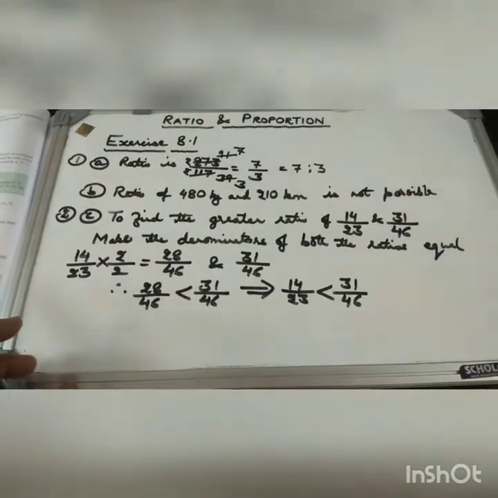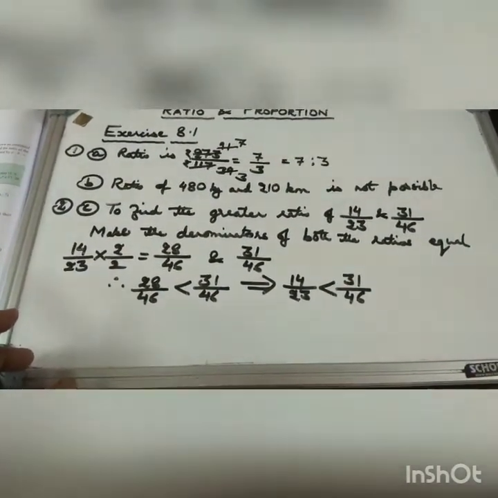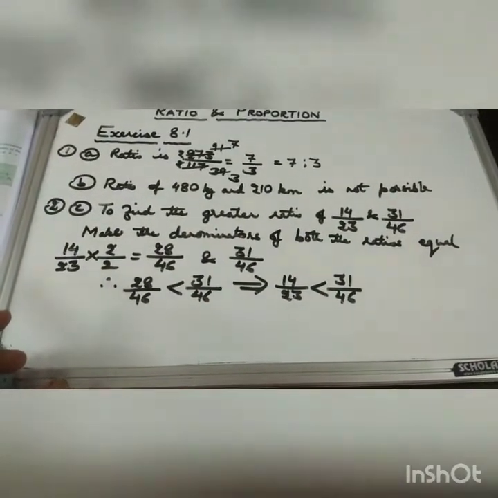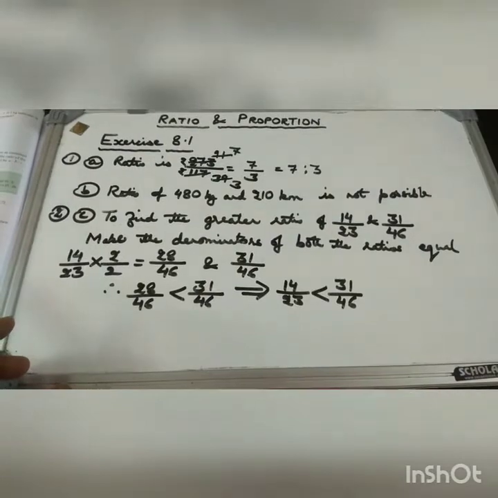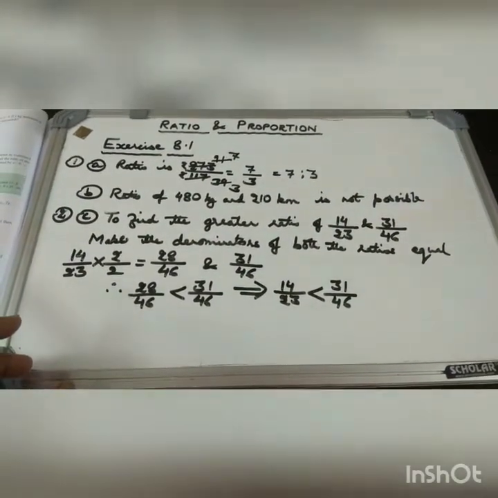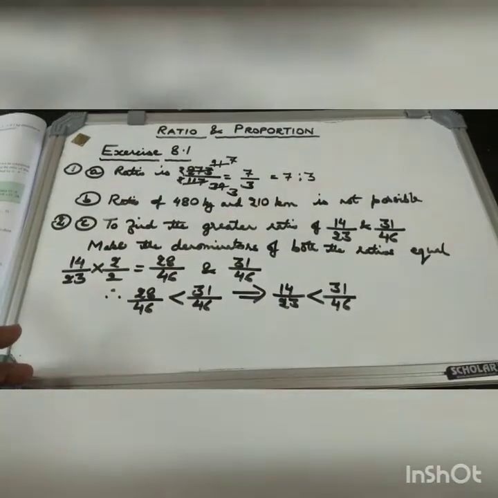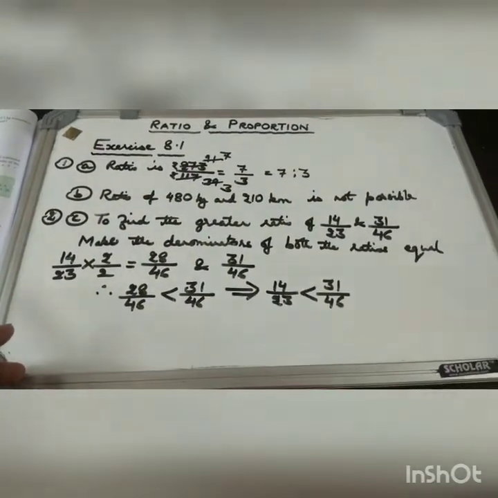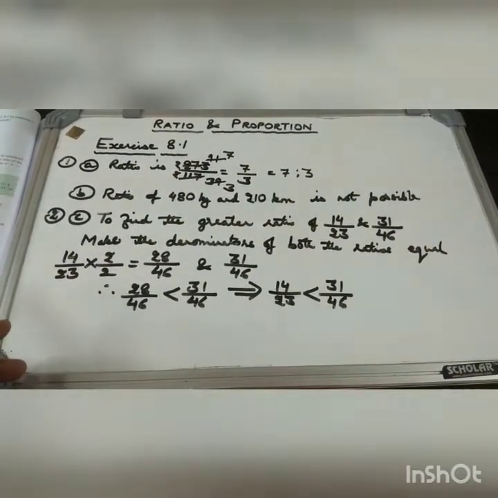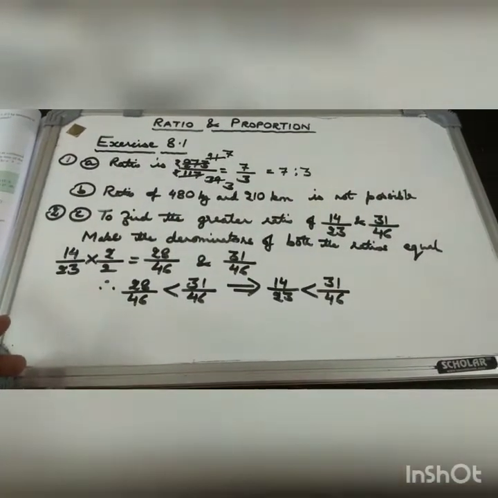Now again you can cancel it by 13. 13 3s are 39, 13 7s are 91. Therefore, finally 7 upon 3 is the fraction obtained, which can be either left like that only, or you can change it to ratio form, that is 7, two dots, and we read it as 7:3. This is how you are going to complete the sum.